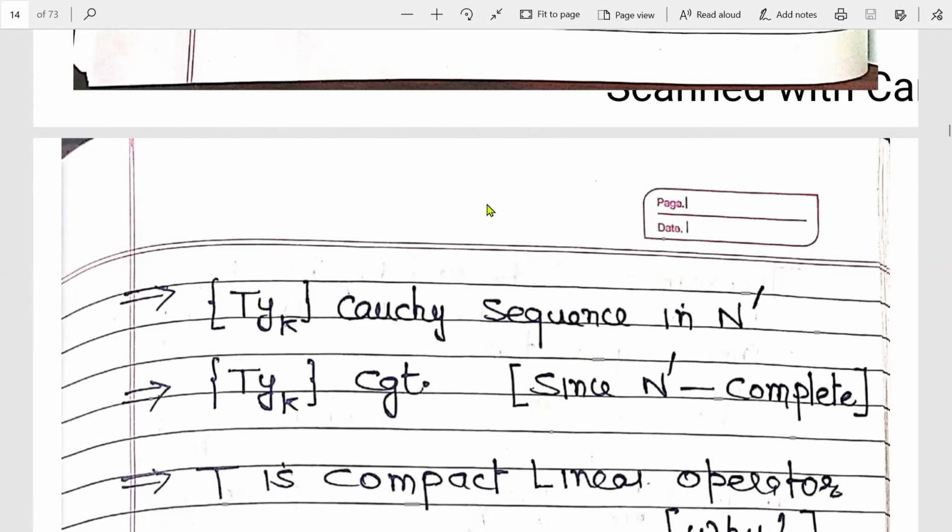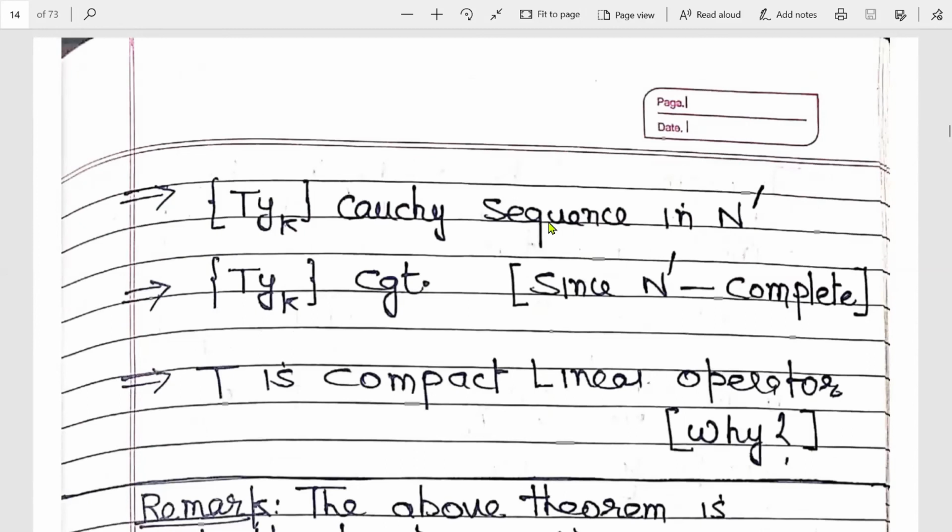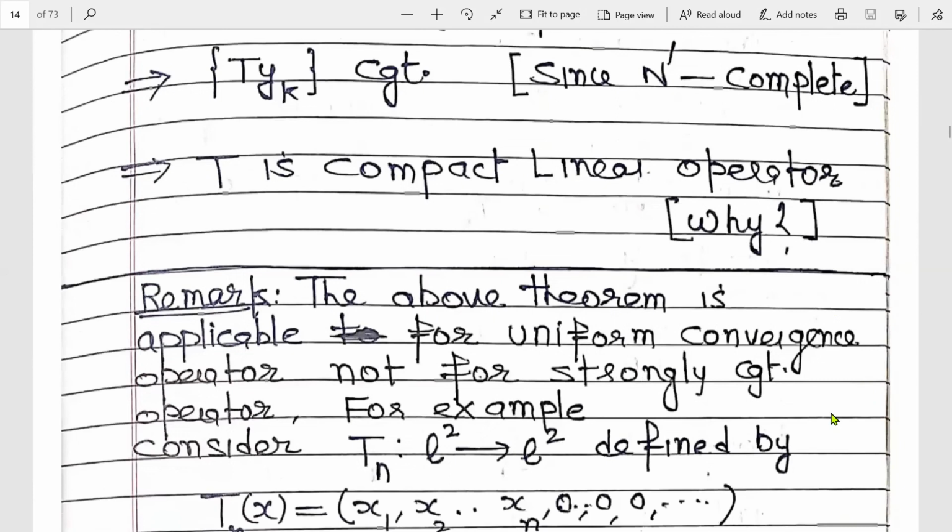Since xn is bounded, its image has a convergent subsequence, which is the definition of a compact linear operator. So it implies T is a compact linear operator, because the sequence xn has a subsequence yk, and under T its image Txn has a convergent subsequence Tyk. So it means T is a compact linear operator.